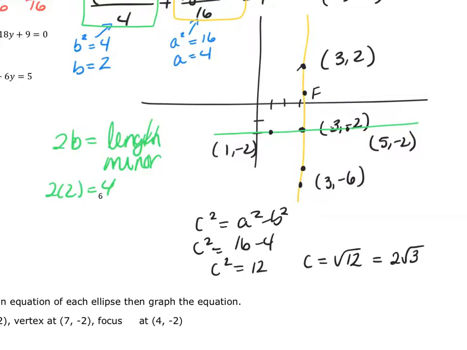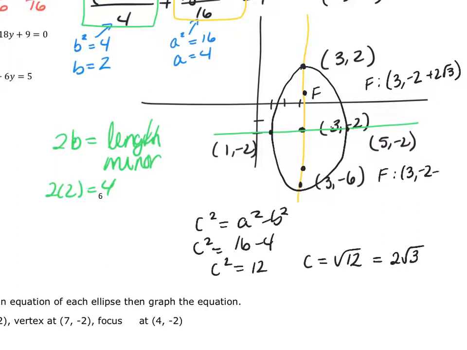So I'm going to draw my ellipse. This is like the best ellipse you've ever seen. But my top foci is going to be 3 not changing, negative 2 plus 2 root 3, wherever that number is. And then my bottom foci is going to be 3, negative 2 minus 2 root 3. How was that?